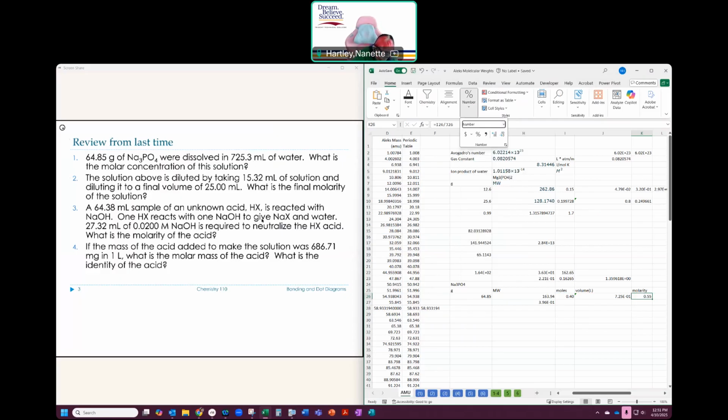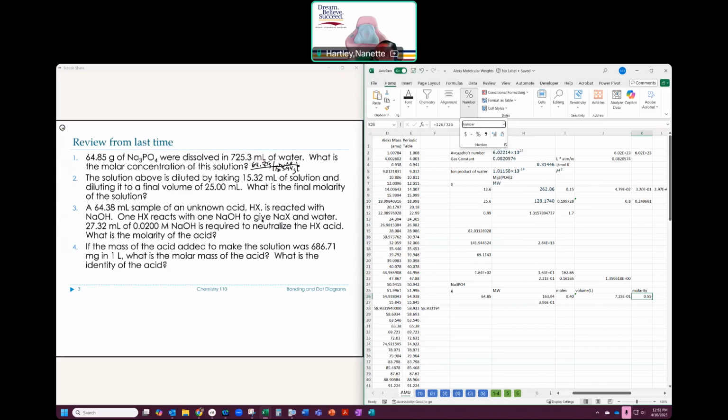So again, here, just detailing what I did. I took that 64.85 grams divided by the 163.94 grams per mole.